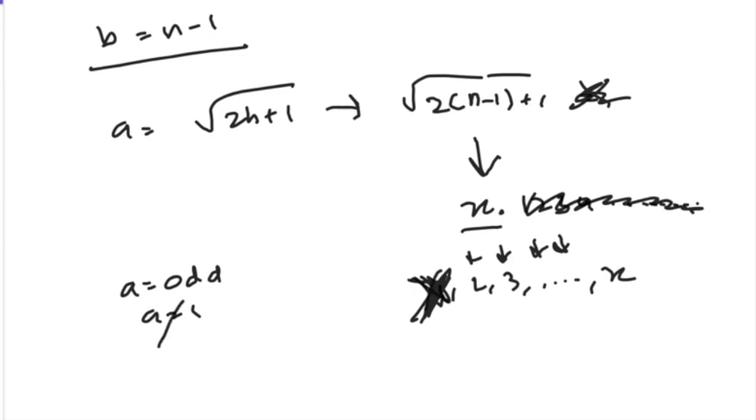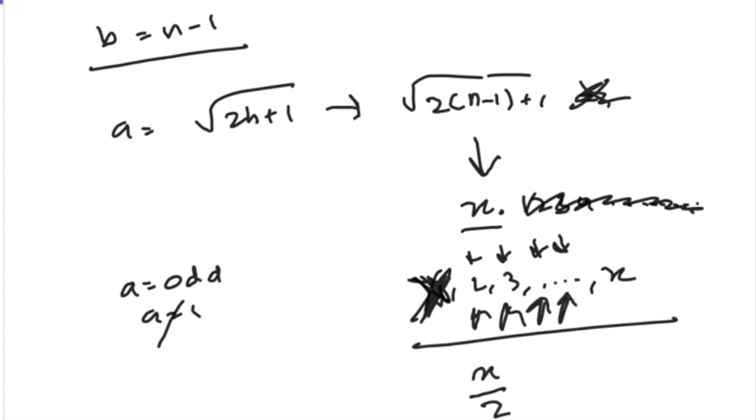So let's just cross off 1 right off the bat. Now we know that each number is either even or odd, and that alternates. For example, 2 is even, 3 is odd, 4 will be even, 5 will be odd. So we know that x over 2 of the numbers in this original list are odd. We subtract 1 because we cannot include the number 1, and then this becomes our answer.